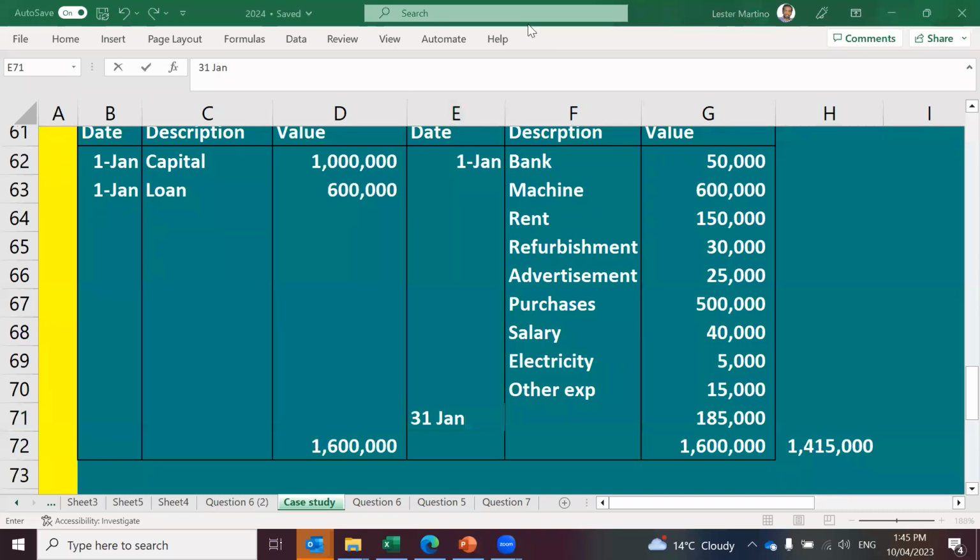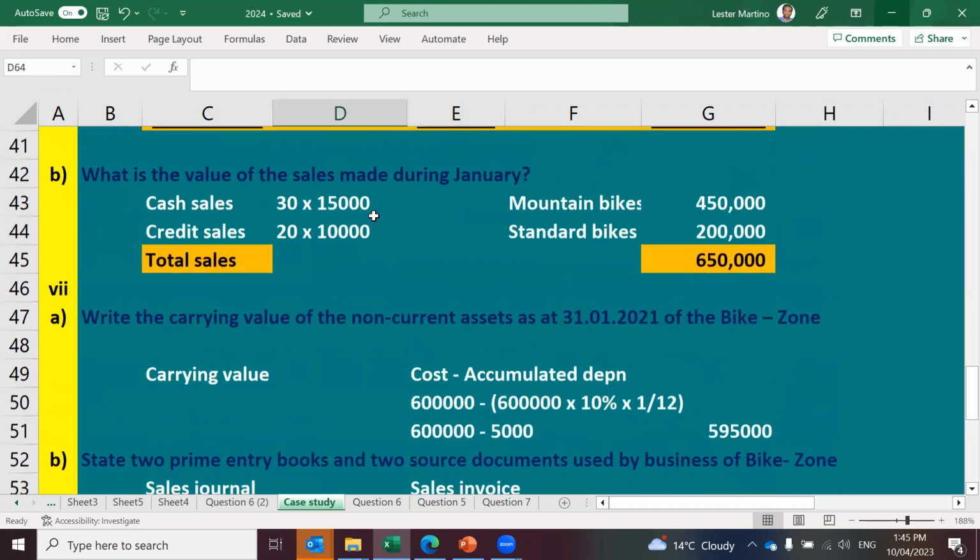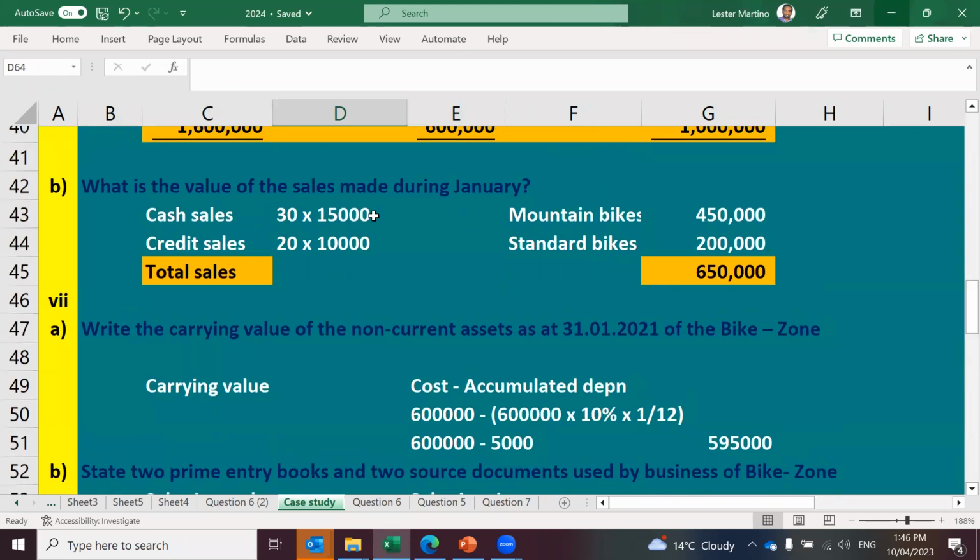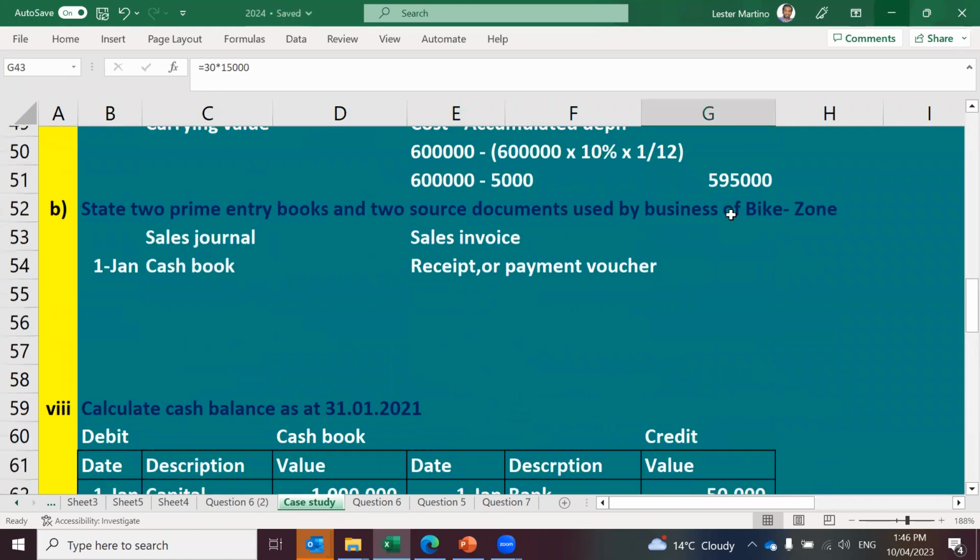Yes, good. We haven't done the cash sales. So cash sales, we already derived in a previous answer, 450.